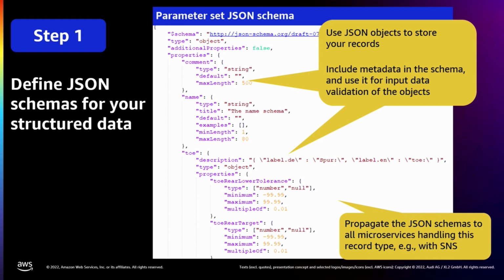So in this schema, you could also include metadata like minimum values, maximum values, default values. And this could then always be used to validate those objects. And you can also propagate this JSON schema to other microservices, so it's possible for them to validate the data they get.